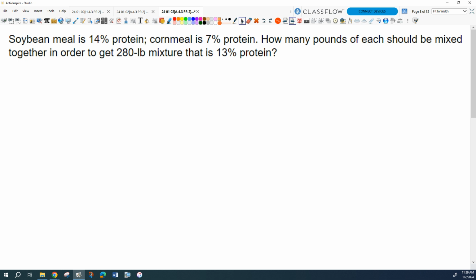So with the Pearson square, when you're mixing up percentages like this, you're making some kind of a mix for an animal, right? You can only do two different ingredients in a Pearson square. The way we're going to look at this today, you could have as many as you want. You could have 5 different components of the mixture, because we're going to use a matrix method to solve this. It can be as big as you want, doesn't matter.